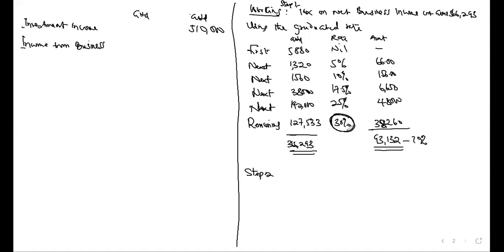So grossing it up, it will be 100 over 70 multiplied by this amount. That will give you the gross amount. Then step 3 is you add the gross tax amount to the net income. That will give you the actual business income. So step 2 is to gross the tax amount using the last graduated rate.